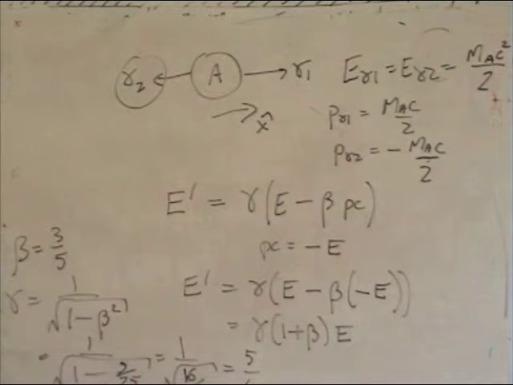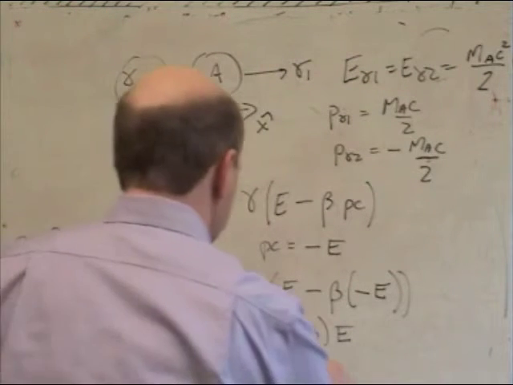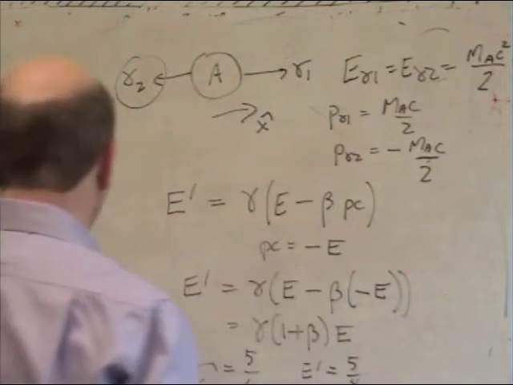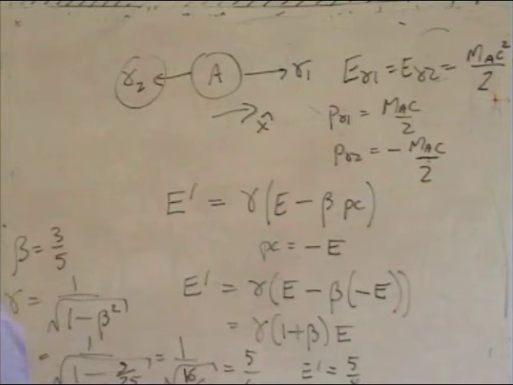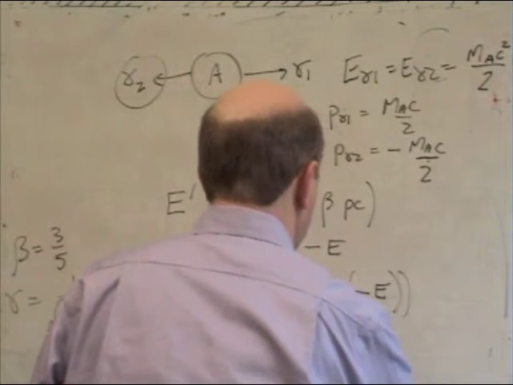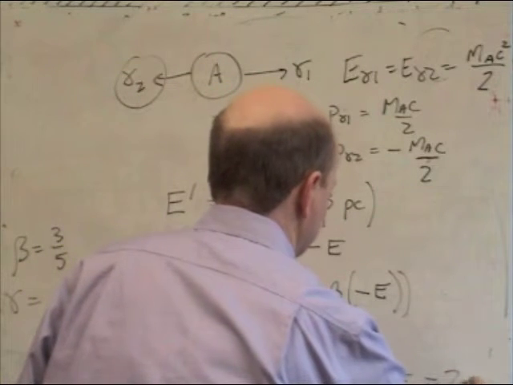We shouldn't be surprised that gamma is bigger than 1, because it always is. So that means that E primed equals 5 over 4 times 1 plus beta. Now beta is 3/5, so 1 plus beta is 8 over 5. The 5's cancel, and you end up with E primed equals 2E.